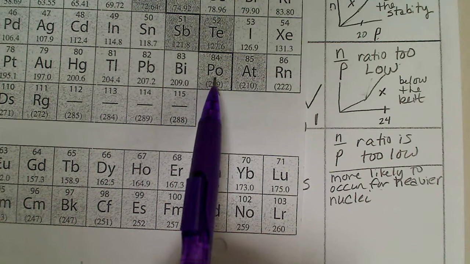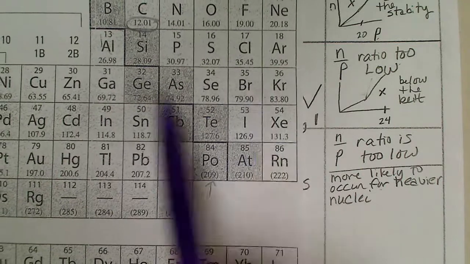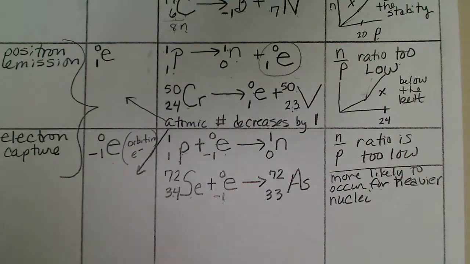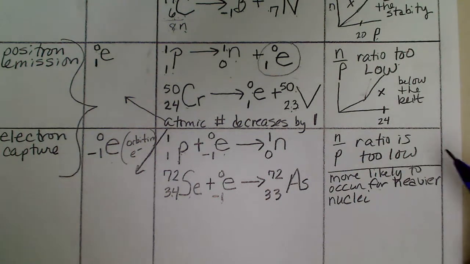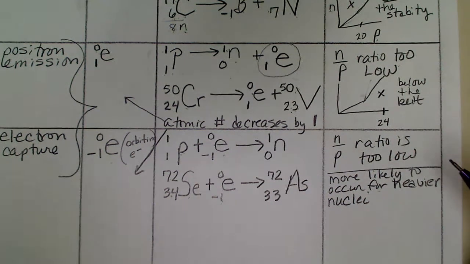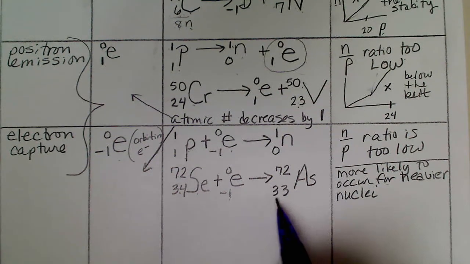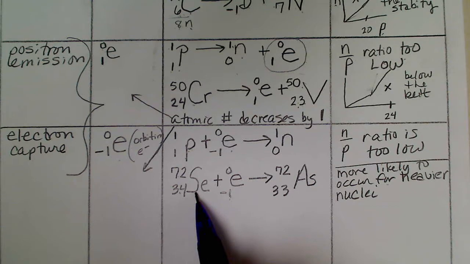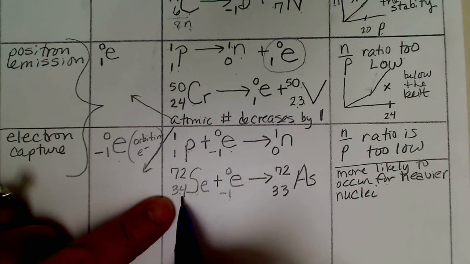Anything past polonium is going to undergo alpha emission. But some of the lighter isotopes, if there are too many protons in the nucleus, then if we think about selenium versus chromium, selenium's nucleus has a greater charge than chromium.